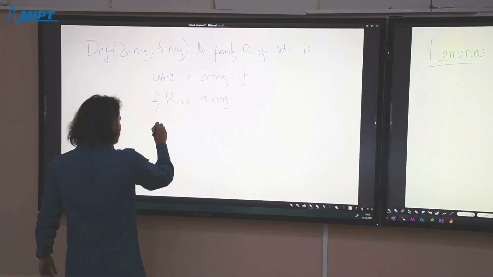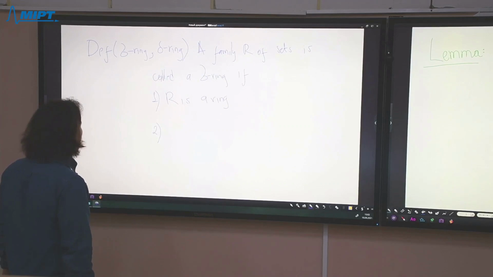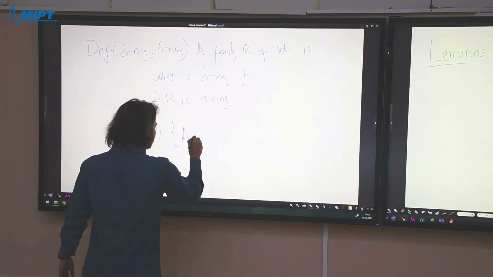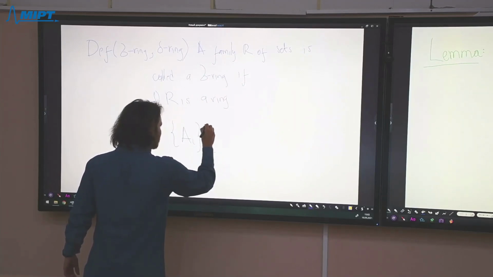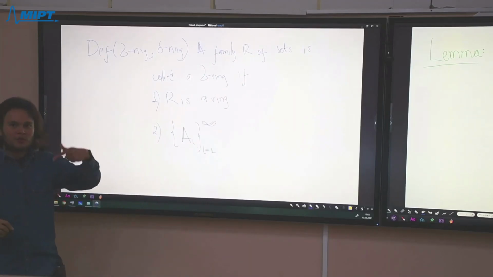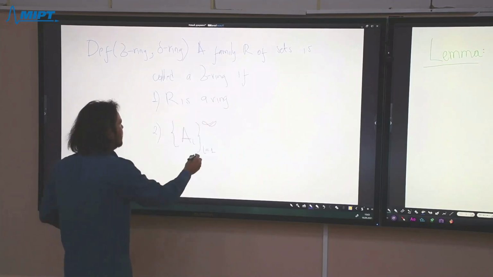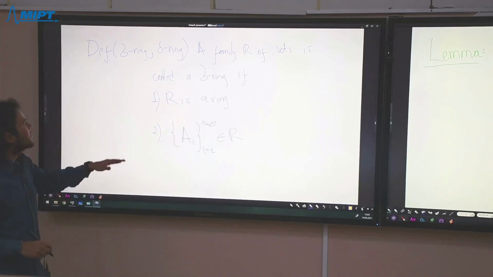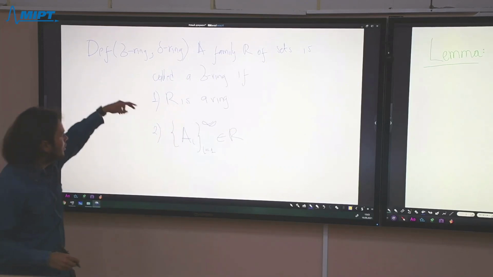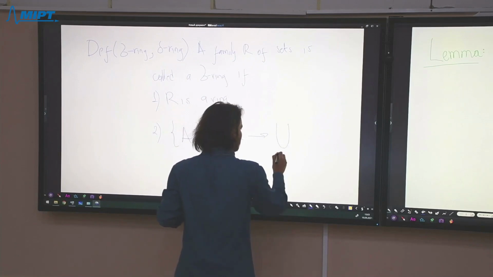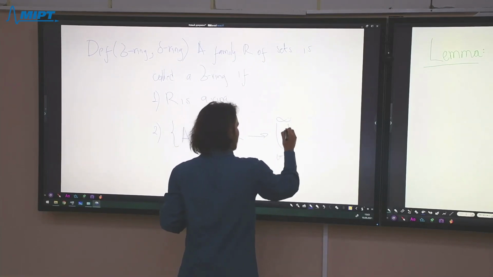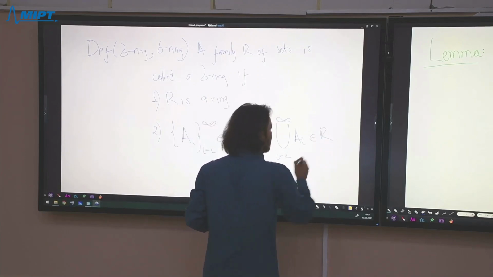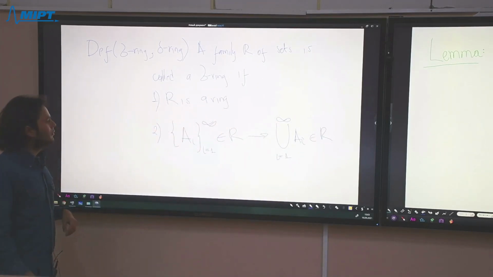And the second condition is that for any countable collection of sets A1, A2, A3, and so on from R, it holds that the countable union is also an element of R. Okay?